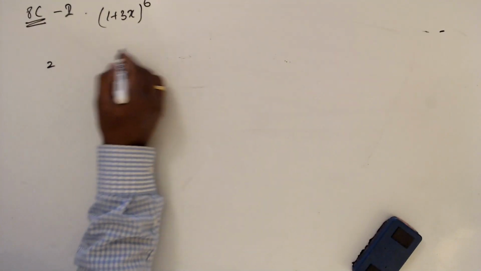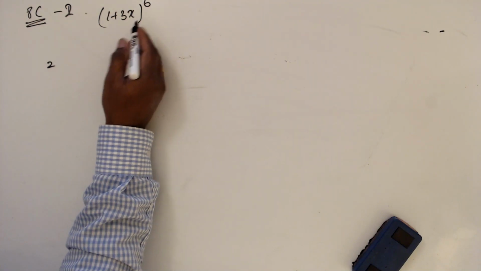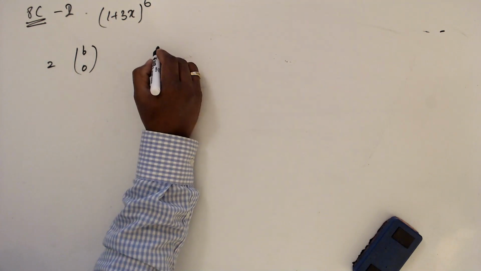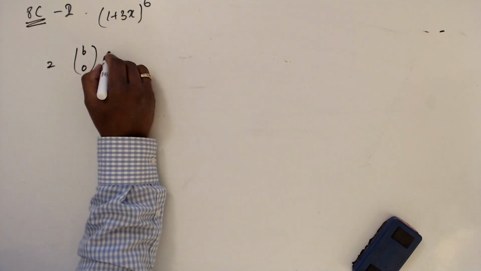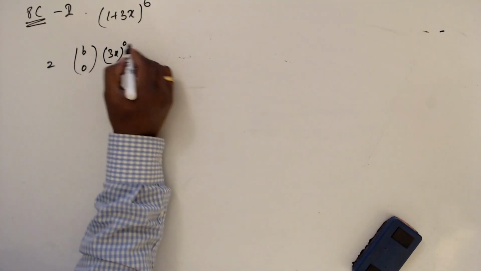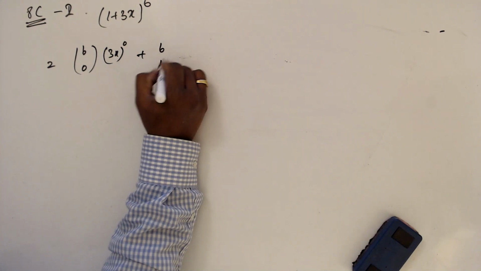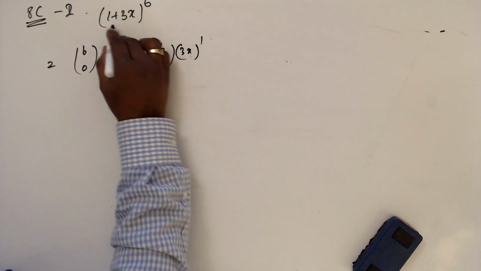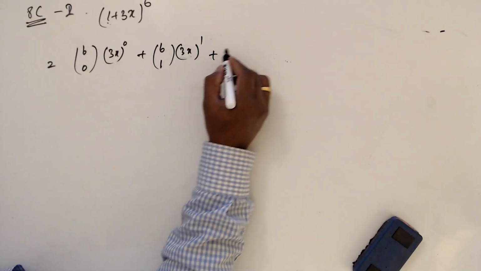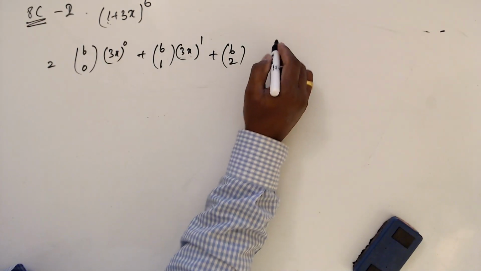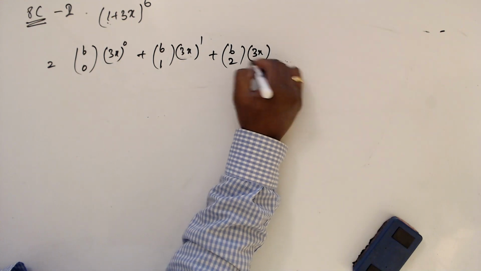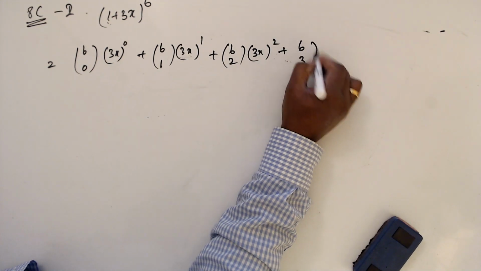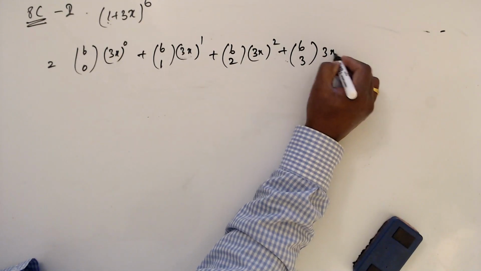First 4 terms: 6C0 3x to the 0, 6C1 3x to the 1. I don't need to look at the 1, so 6C2 3x squared and 6C3 3x cubed.